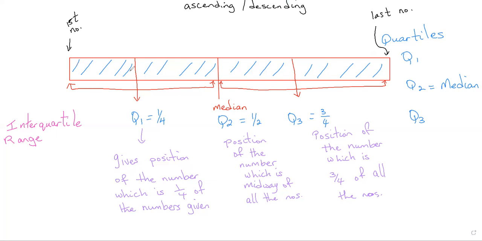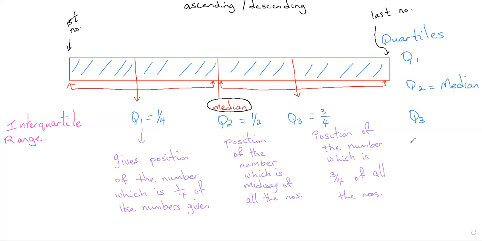So let's say I was given some numbers, already in ascending or descending order. Now, if I want to find out the number in the middle of all my numbers, I know that is known as my median.